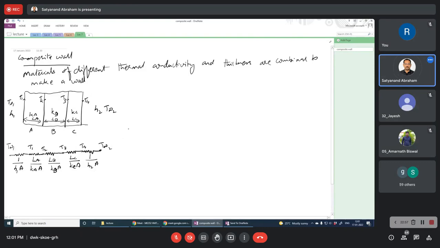Therefore we can write the heat flow through this.